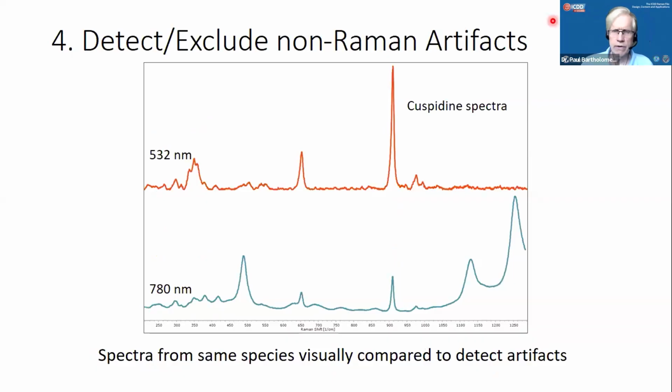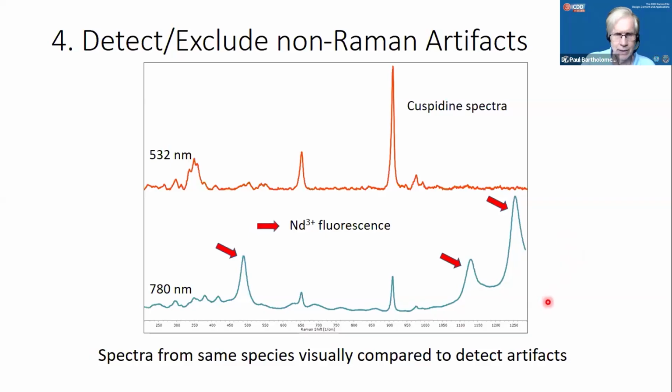Non-Raman artifacts. Here's an example, 2 spectra of the mineral cuspidine, from a 532 and a 780 nanometer laser. You can see some peaks are the same and some of them are different. In fact, the ones that are strikingly different are from neodymium fluorescence, which is a non-Raman artifact.